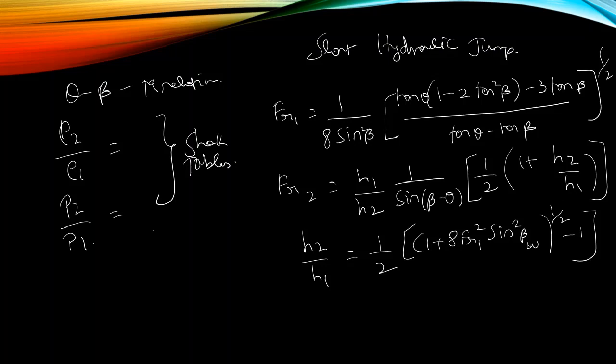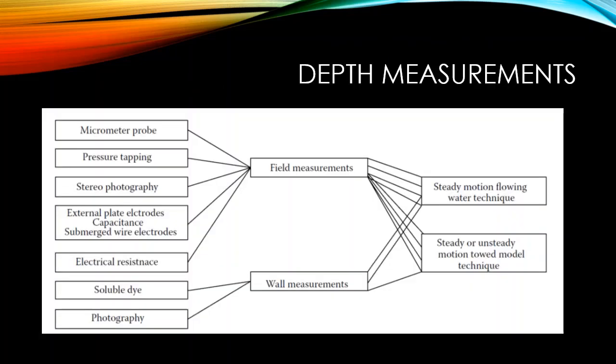For normal shock we will write a different set of equations, and then you should know about these depth measurement devices: micrometer probe, pressure tapping, stereo photography, external plate electrodes, and electrical resistance. These two are followed in electrolytic tank experiments, and these three belong to any kind of hydraulic analogy as well as the Hele-Shaw apparatus, right?